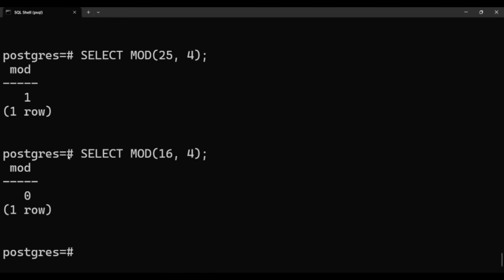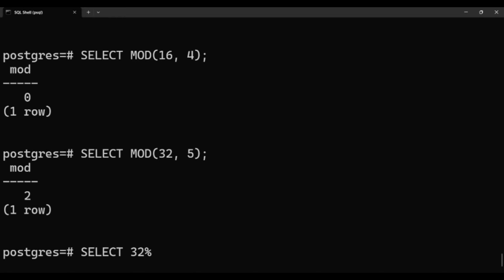The remainder of 16 comma 4 is 0, because 4 times 4 is 16, so the remainder is 0. And for 32 and 5 the remainder will be 2. That is how we get the mod value of two numbers, that means the remainder of two numbers.